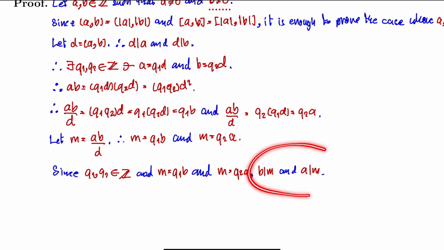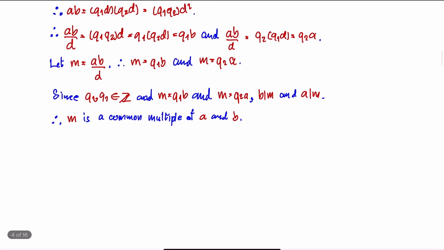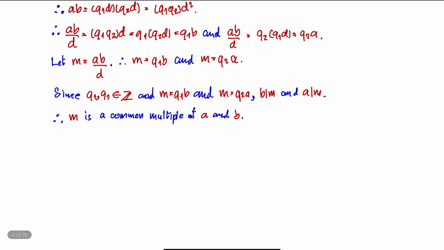From this, it means that m is a common multiple of a and b. This is what we have. Now we have a common multiple of a and b, and I want to show that this m is the least common multiple of a and b. So we claim that m is the least common multiple of a and b.